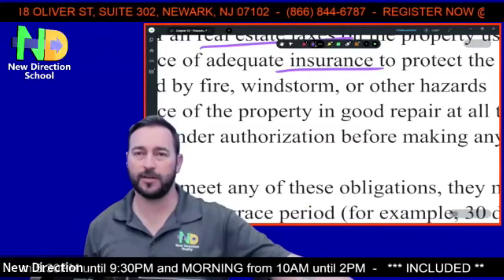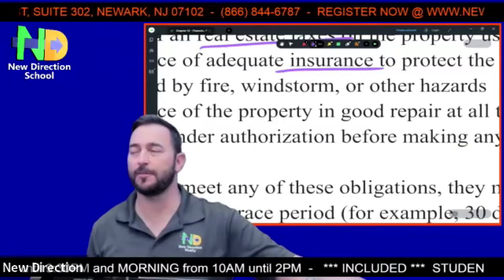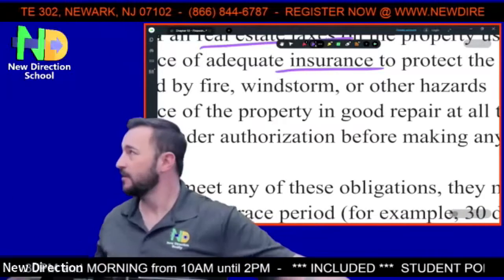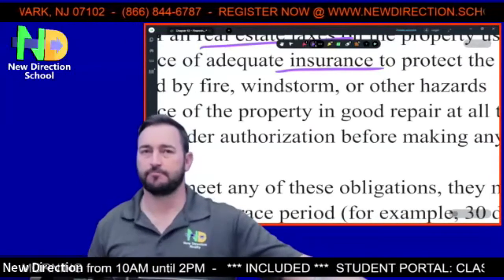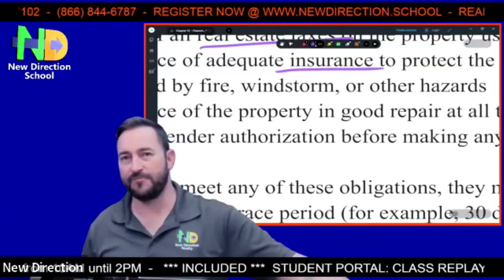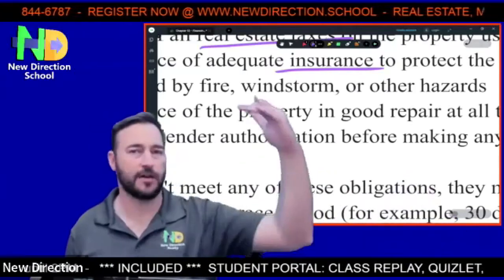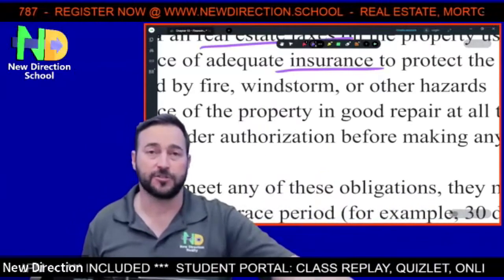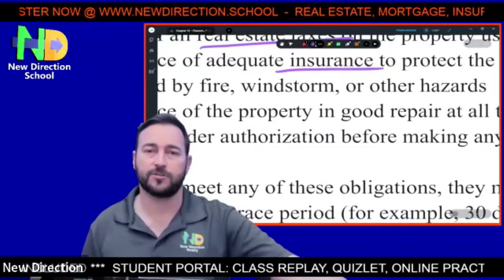You want to put a pool there? That's a major alteration. If you're going to paint, you don't need permission. If you're going to just replace a wall because it needs to be fixed, that's not a major alteration. It's okay. But if you're going to do an expansion of the house, sideways, up, whatever, or finish a basement, those are considered major alterations. So you got to have the lender's authorization.